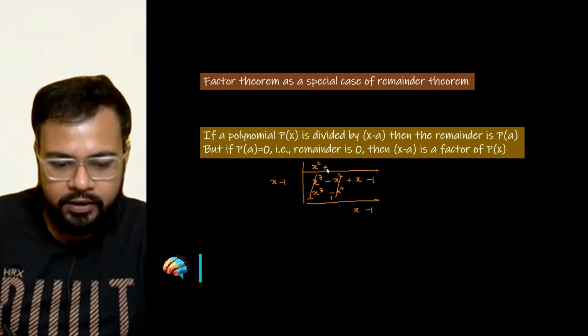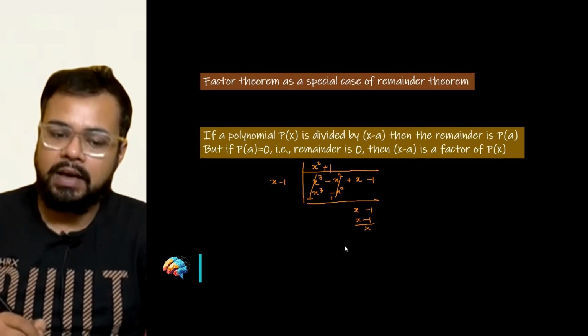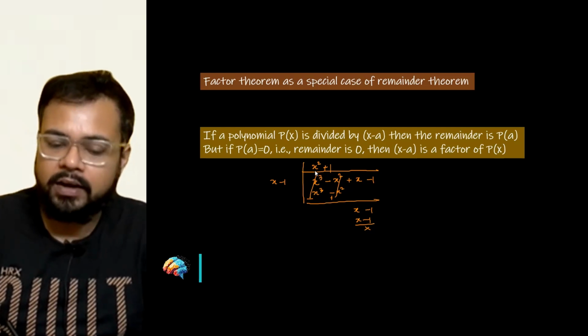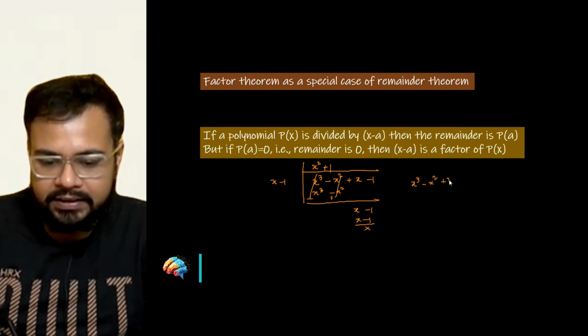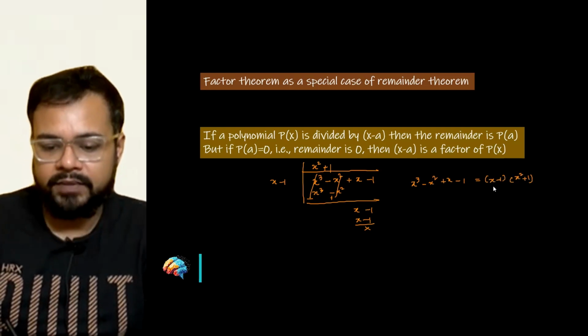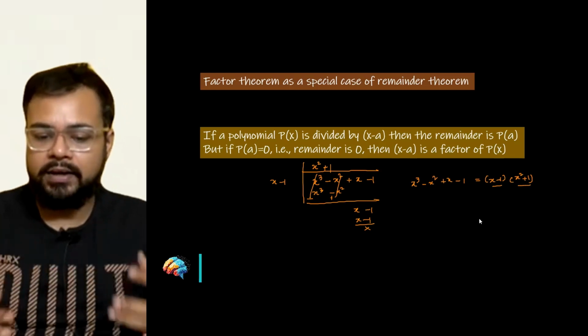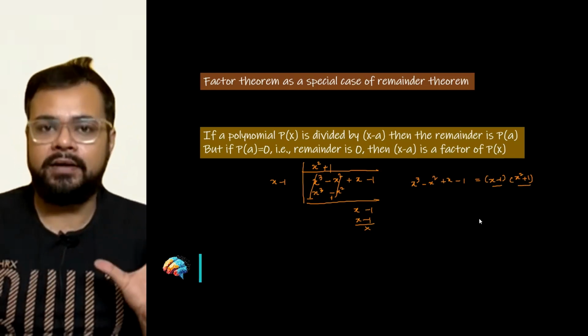So we just need to multiply with 1. We get the same thing and the division is complete. So the quotient coming here is x square plus 1. That means x cube minus x square plus x minus 1 is nothing but x minus 1 into x square plus 1. These are the two factors of the given polynomial, and it is now completely factorized.